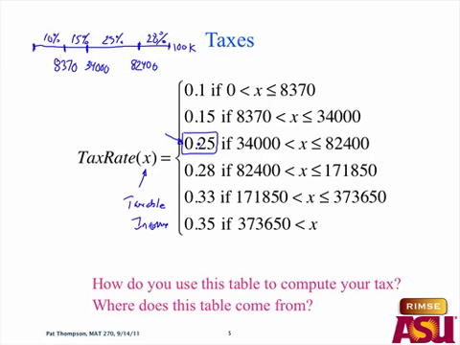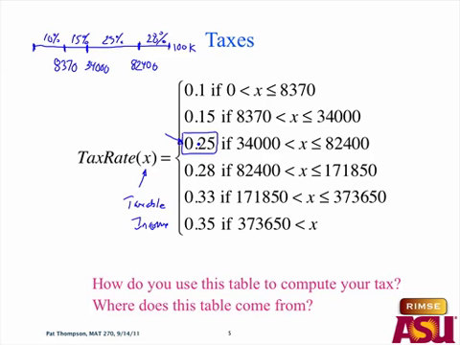Income with respect to... It's the rate of change of amount of taxable income with respect to dollar amount of tax owed. Okay, so he's saying it's the rate of change of taxable income with respect to dollar amount of tax owed. It's the other way around, because your output would have to be taxes that you would pay.